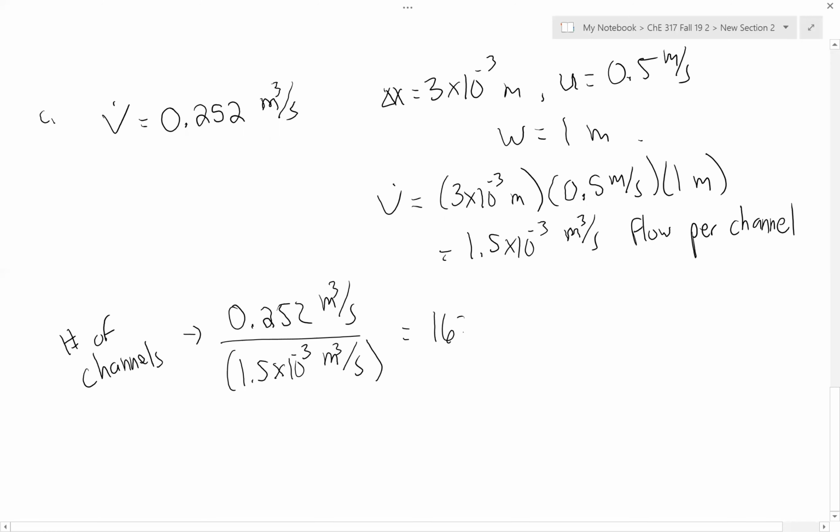Now this is for one side of the exchanger. To get the total number of channels, we multiply that by 2, because we have a hot fluid and a cold fluid. And so it's 168 times 2, which is approximately 336 channels.